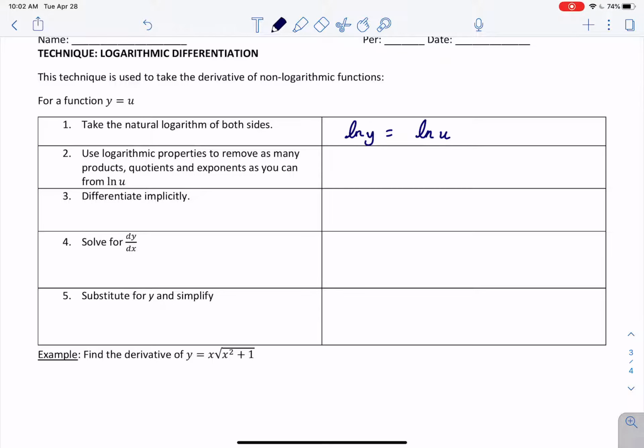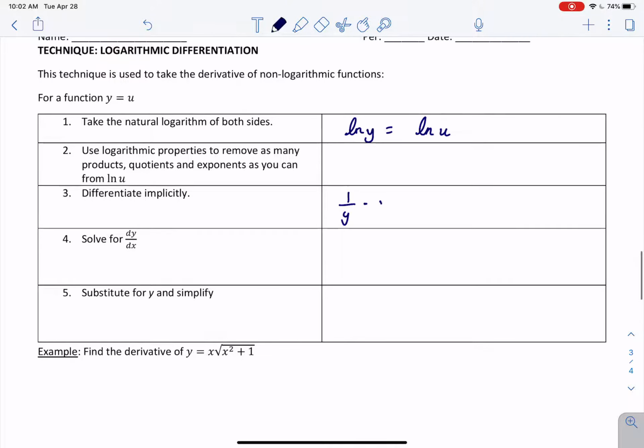Once we do that, then we're going to differentiate everything. So natural log of y would become 1 over y times y prime, since we don't know it's an x, and we'll get 1 over u times u prime.